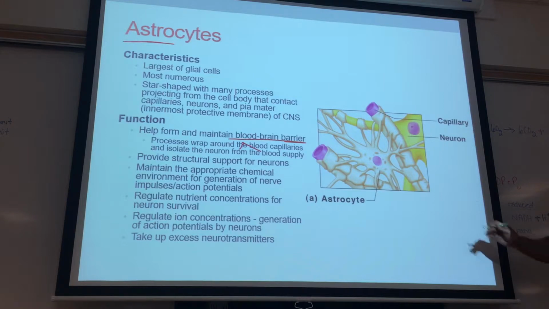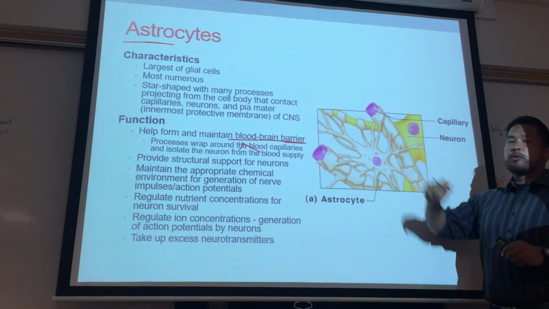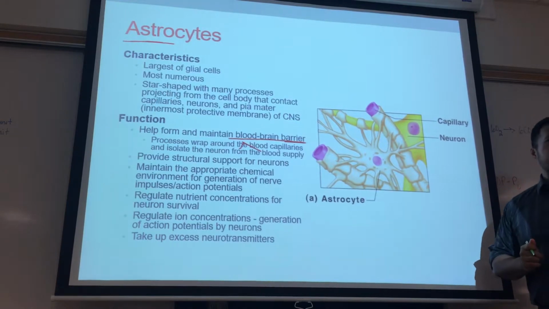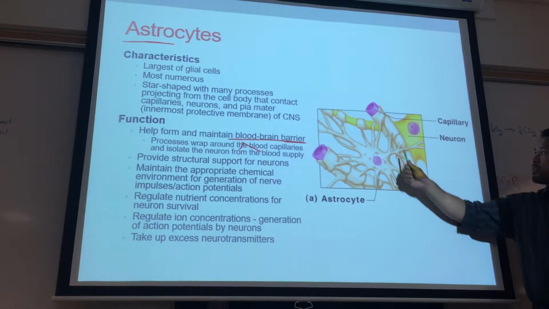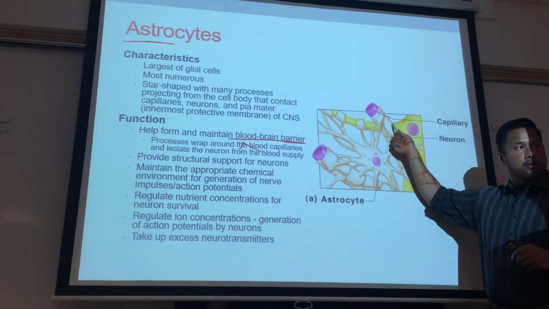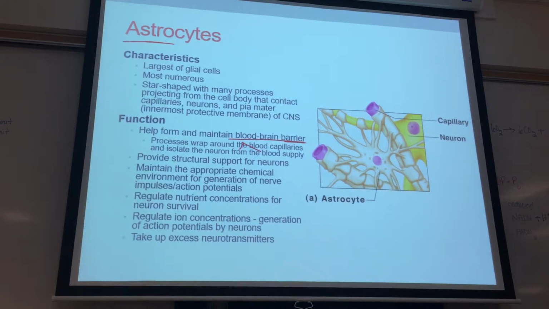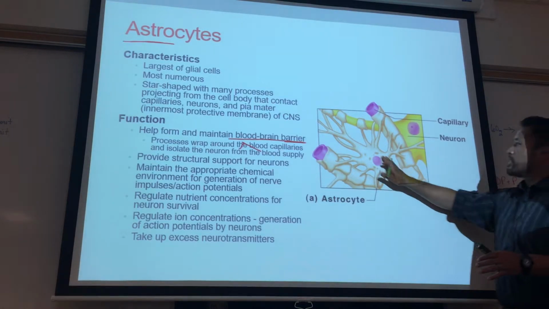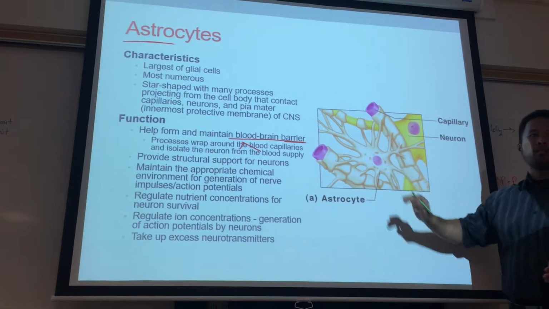They help separate stuff that's in the blood that should remain separate from the cerebrospinal fluid. So as I mentioned previously, certain drugs cannot pass through the cell membrane that is wrapped around the capillaries. Not only that, you'll see that the astrocytes also provide structural support, meaning they have these antennae that reach out and grasp onto the neurons and help anchor those in place.